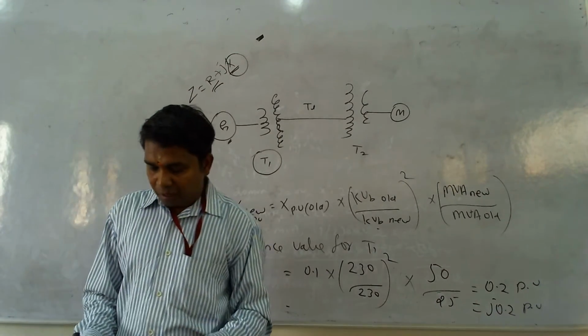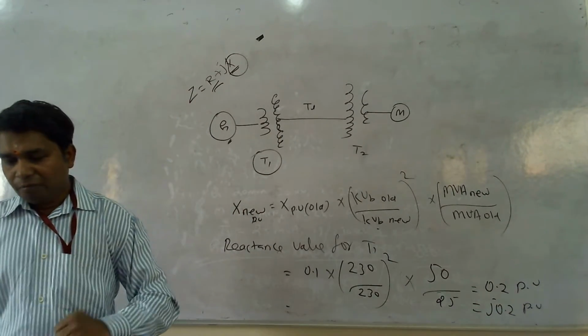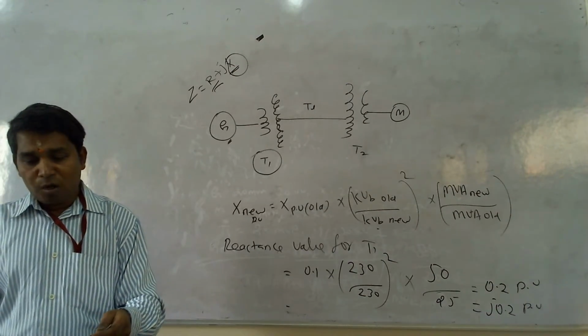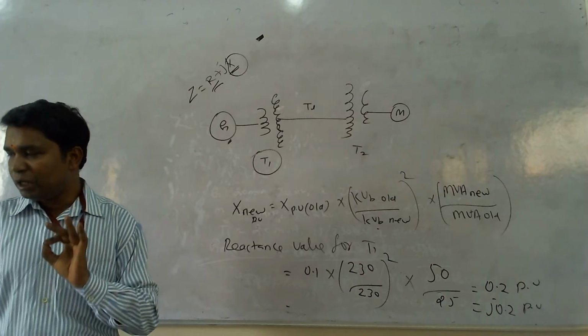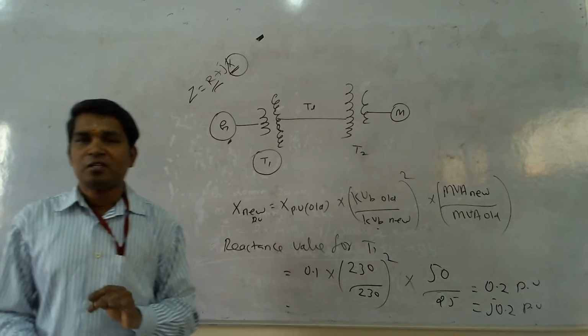At the same time, if you noted one thing here, for the transmission line they have only given the value of 30 ohm reactance, no other information is given.